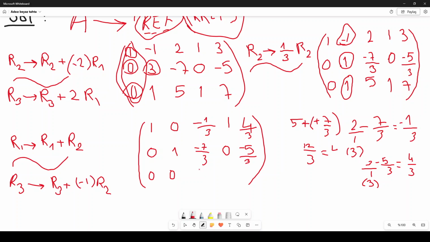So this is 4, and this is 1 again, and last arithmetic operation, 7 plus 5 over 3 as earlier, so it is 26 over 3, right? 26 over 3. This is what we obtained.